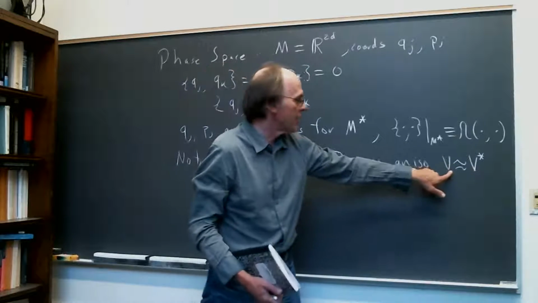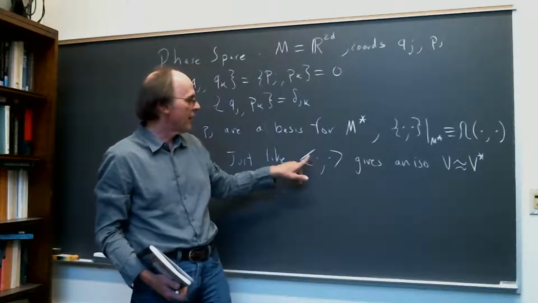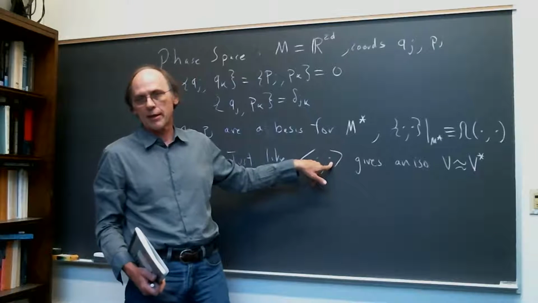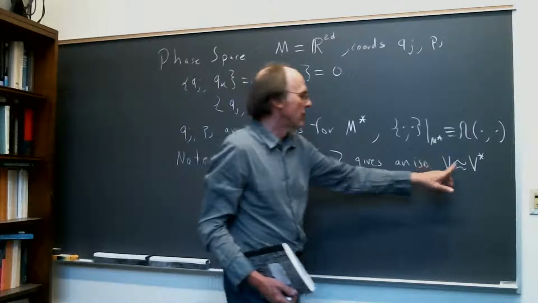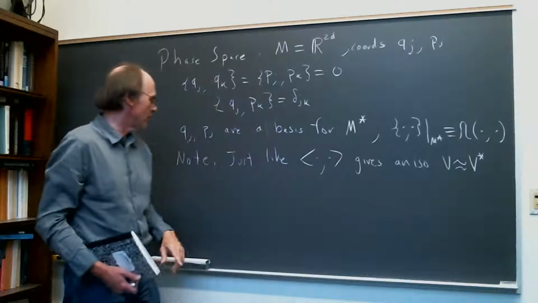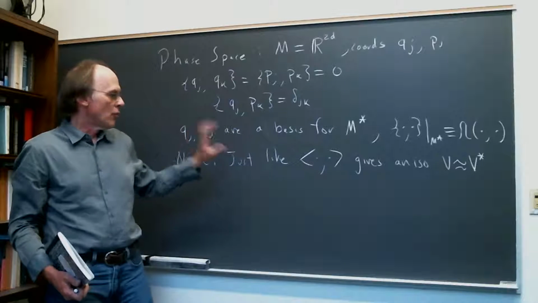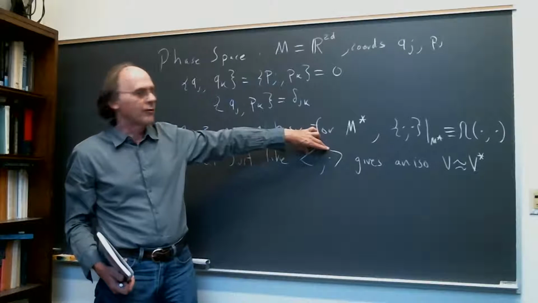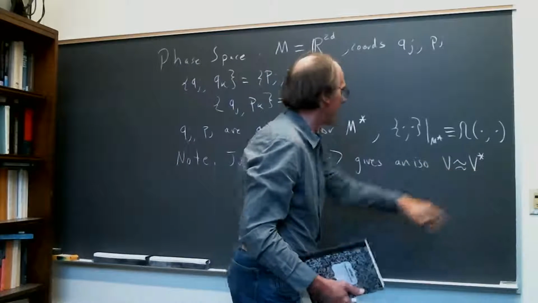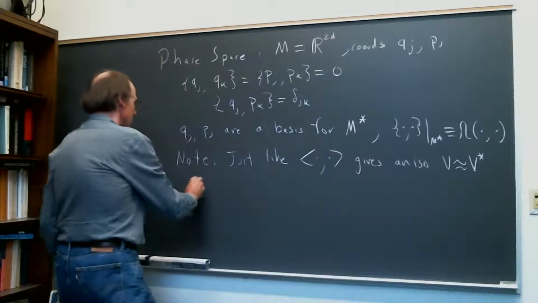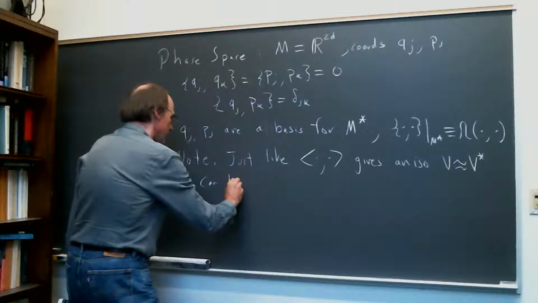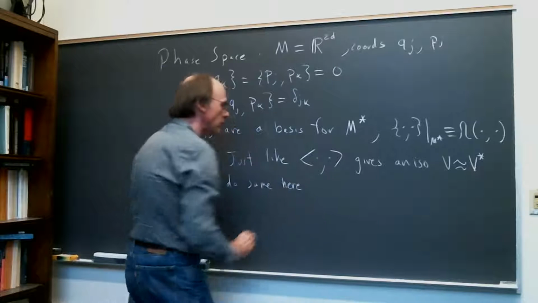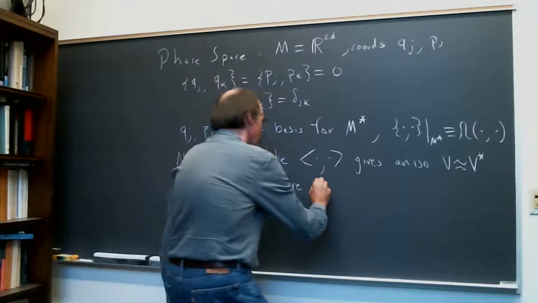To a vector you just put the vector in the first slot, and that gives you a linear map on whatever you put in the second. That's what happens with these symmetric non-degenerate bilinear forms, and you can do the same thing here with omega.